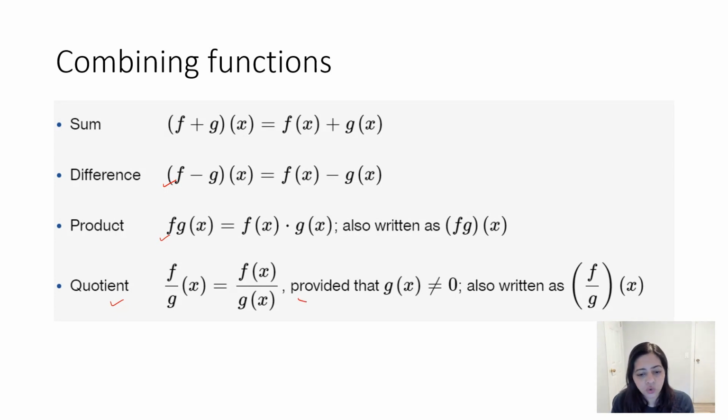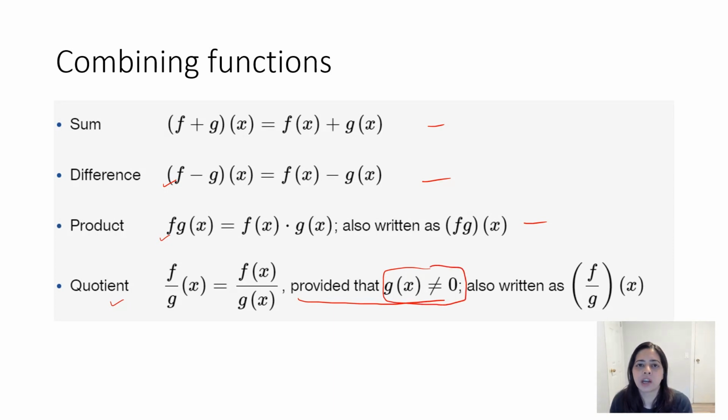Now, if you read this, what does it mean? Provided that g(x) is not equal to 0. There was no extra condition in any of sum, difference, or product. However, for the quotient function to be well-defined, we have an extra restriction that the denominator cannot be 0.